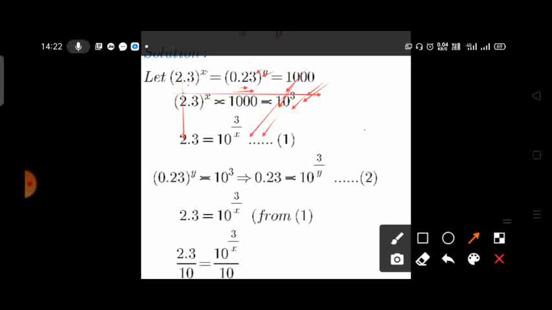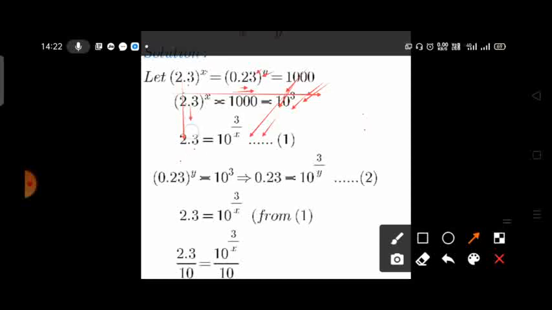So 2.3 whole power x has cancelled because x into 1 by x. We are not multiplying. We are raising to the power 1 by x on both sides. So that's why x and 1 by x will cancel.